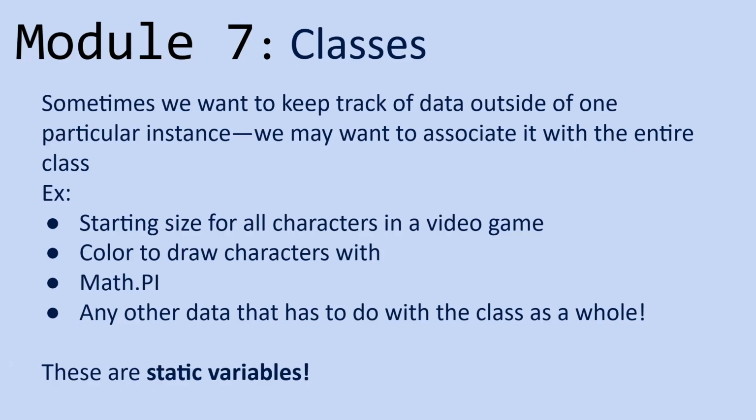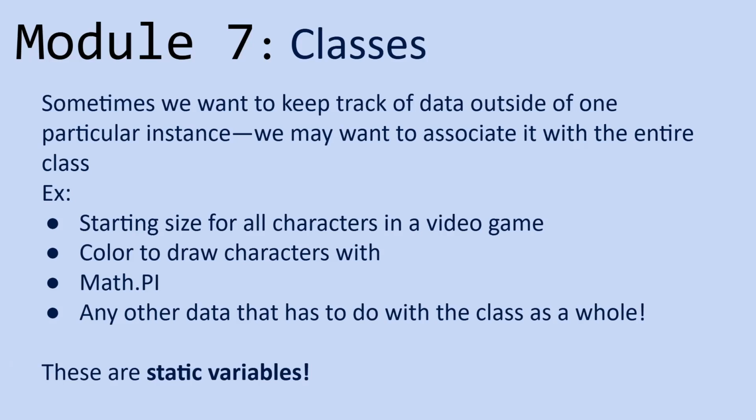Additionally, math.pi. That's just associated with the overall math class, and so anytime you're writing math.pi or even any of the math methods, those are all static methods, because they're associated with the entire math class. You don't make an instance of the math class in order to call the random method, for instance. And so any data that has to do with the class as a whole is going to be static.